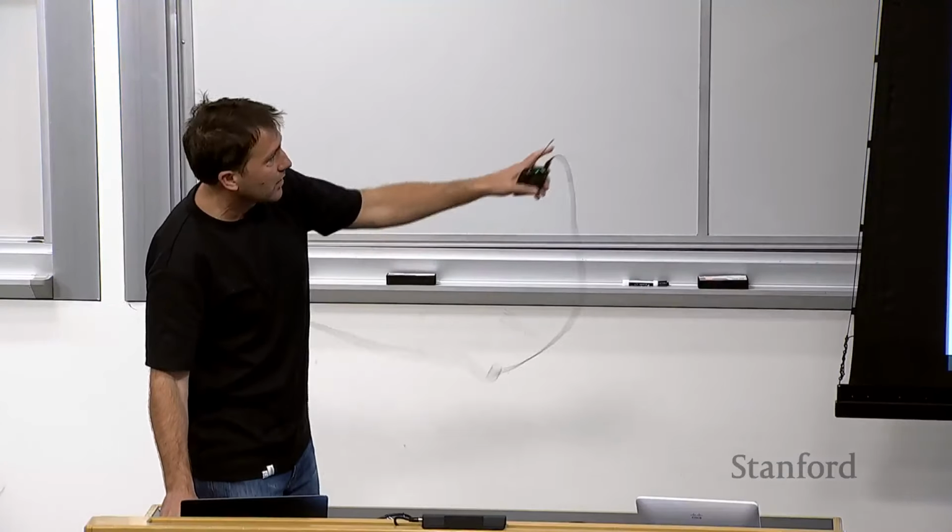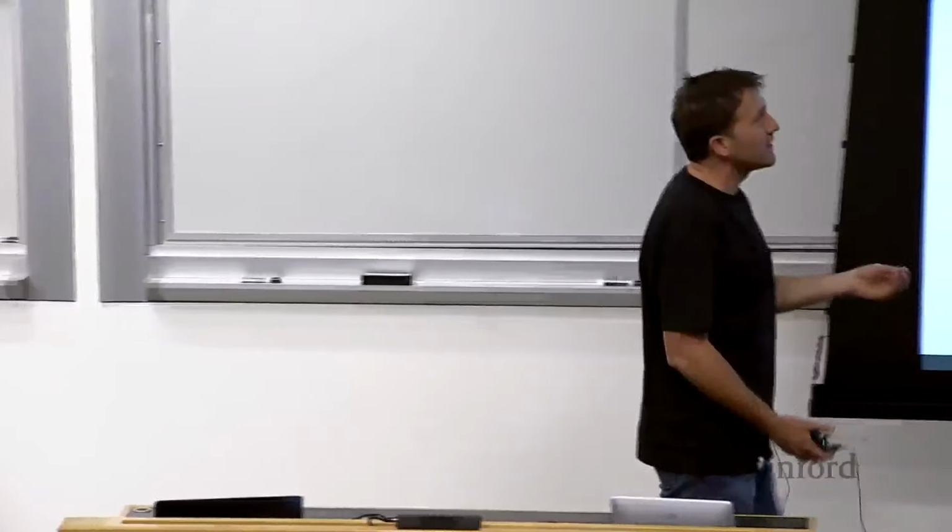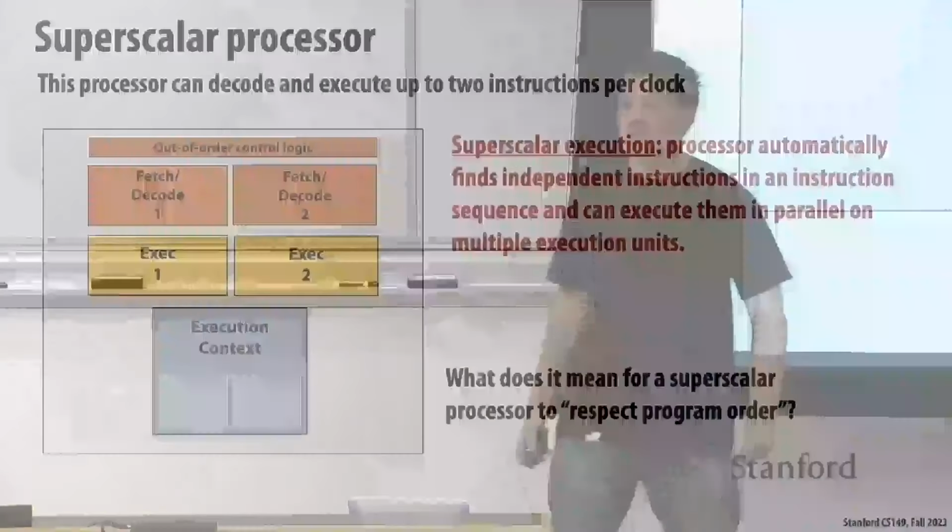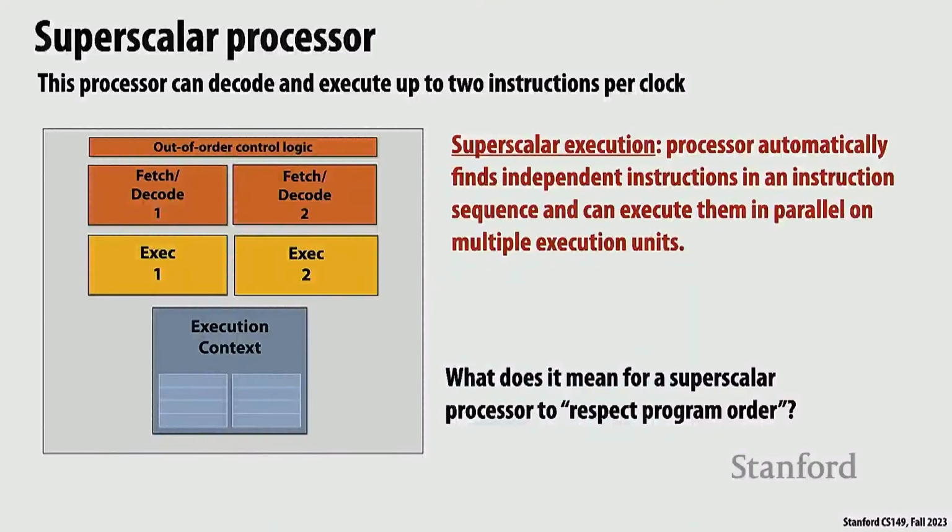So we talked about this idea last time of superscalar execution. If you break down the word, it's scalar execution, which is doing one thing at a time, and superscalar is a fancy technical term for saying we're actually doing a little bit more than that, but your program is still saying I'm doing one thing at a time. It's something going on under the hood.